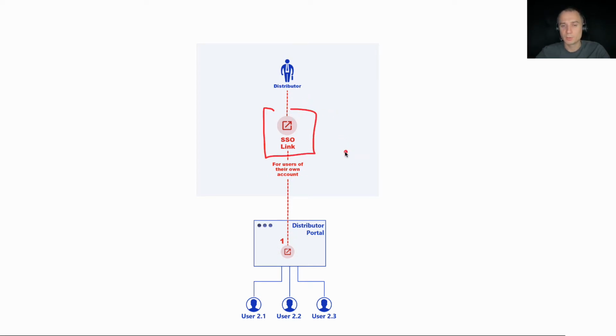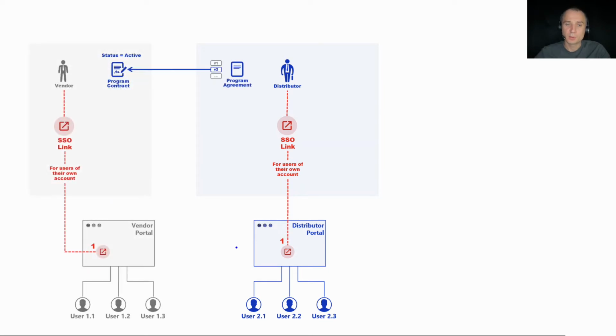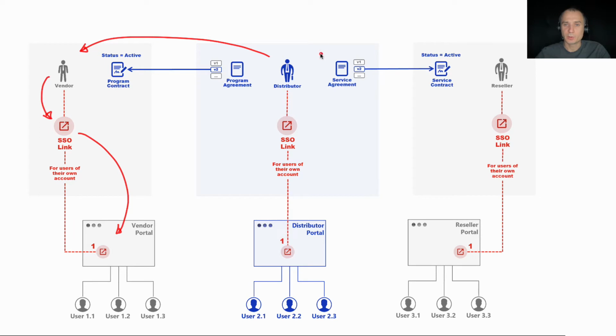We will do it in a few minutes, and once they do that, a link appears for all users of the account. Distributors can obviously invite vendor accounts, and members of a vendor account can define links of their own, and those links will be visible in the vendor portal. The same might happen with resellers.